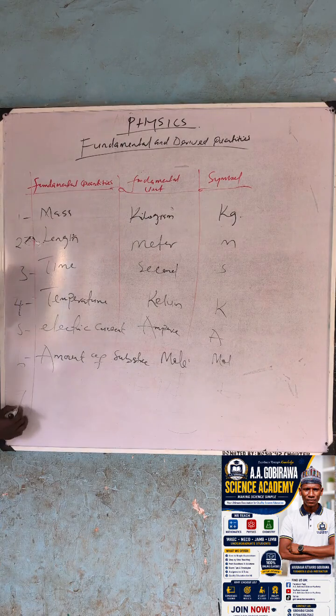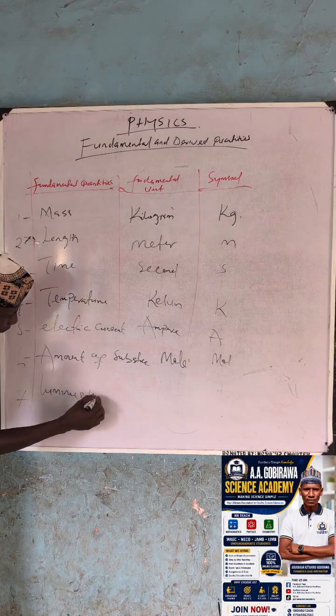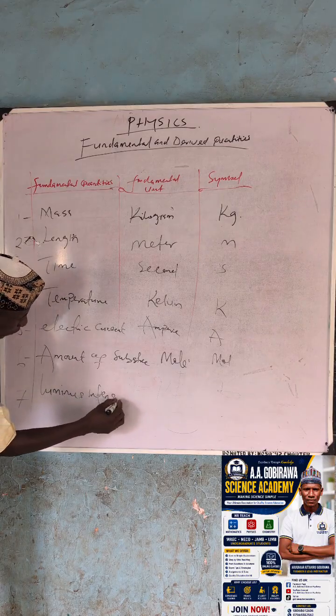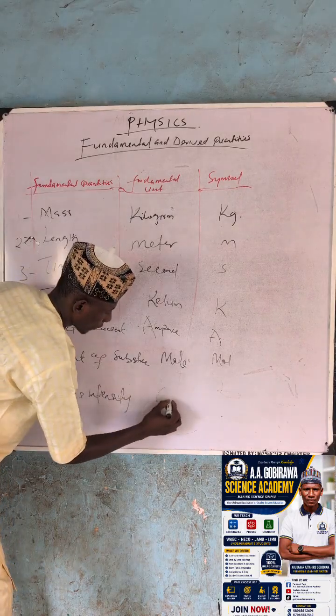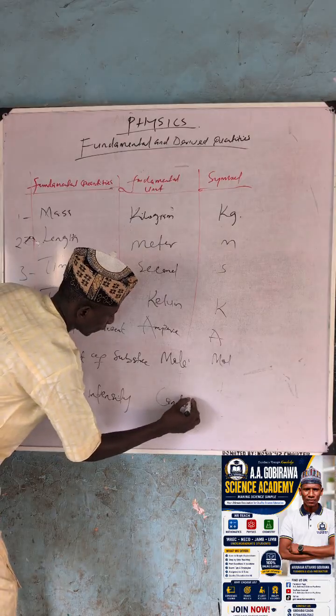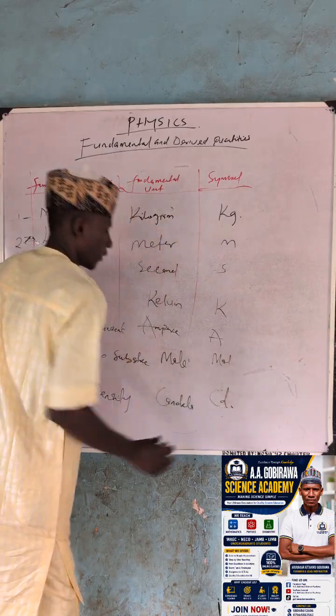Number 7, we have luminous intensity, which is candela, and the symbol is cd.